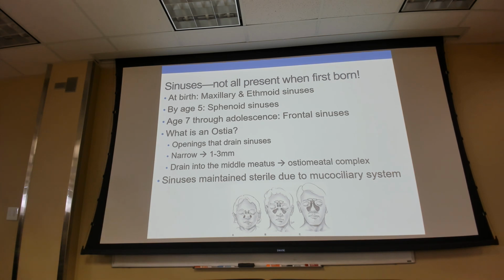As you age, your sphenoid sinuses and finally your frontal sinuses develop over time. Knowing the timing of that can be really helpful when you get something from an ER or urgent care and it doesn't make sense for what the child would be having.